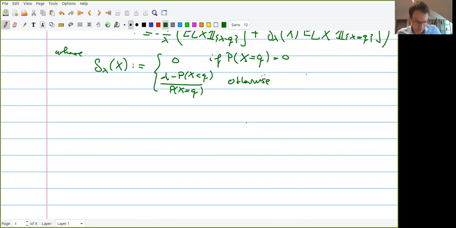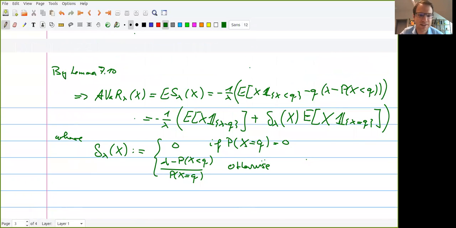So let's check this. Let's give this a number because we want to use this representation. So that's 7.2, and let's check 7.2.